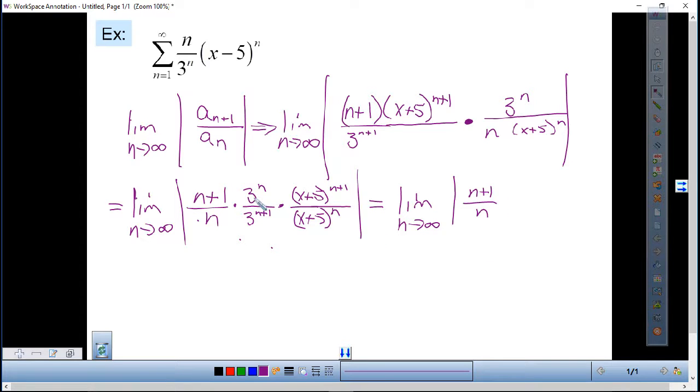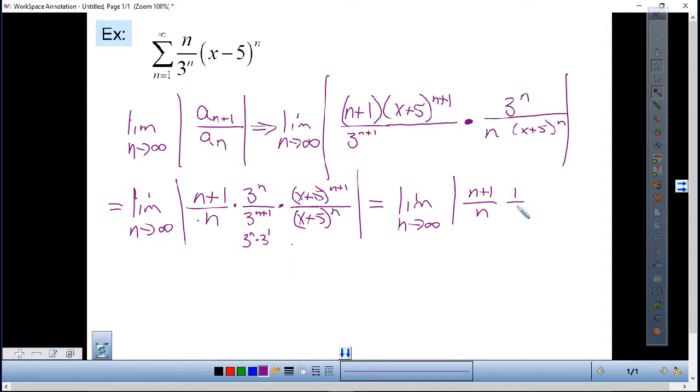Now here I can simplify this. I've got 3 to the n power, and I've got 3 to the n plus 1 power. That means I multiply by 3 one more time down here. So it's 1/3. Now you can also think of this as 3 to the n times 3 to the 1, and the 3 to the n's would cancel out.